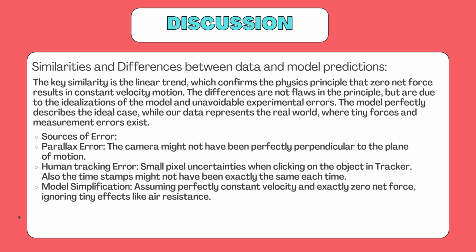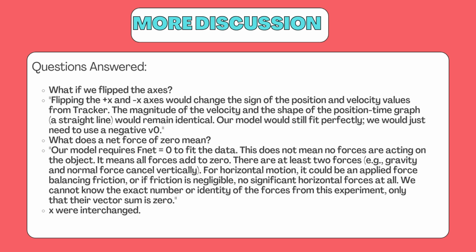Some sources of error were parallax error, since the camera might not have been perfectly perpendicular to the plane of motion, and human tracking error, small pixel uncertainties when clicking on the object in Tracker. Also, the timestamps might not have been exactly the same each time. And then there was model simplification, when we assumed perfect constant velocity and exactly 0 net force because we ignored tiny effects like air resistance or maybe some friction.